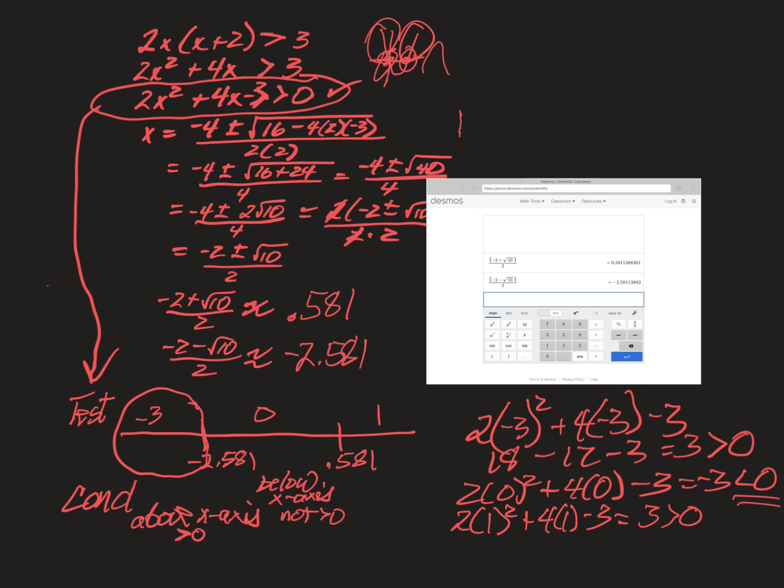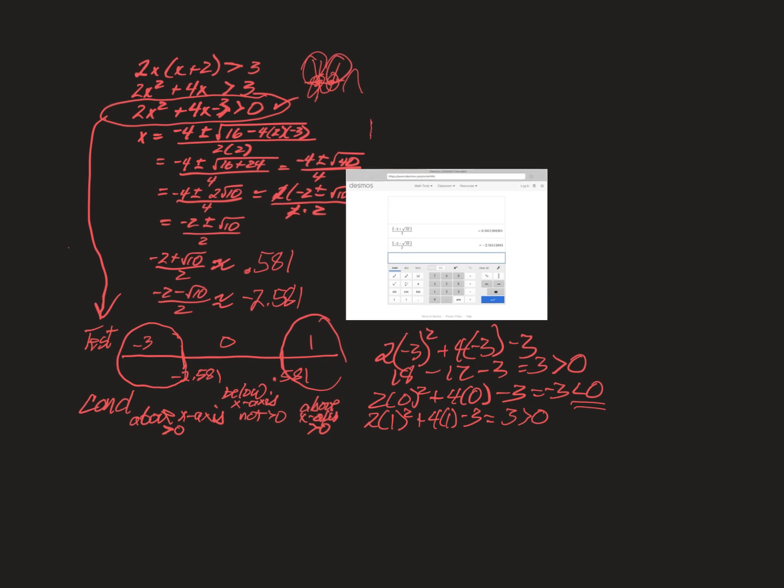So that's a true inequality. And so our conclusion is we are above the x-axis. We are actually greater than 0 there. So this is an answer to the inequality.